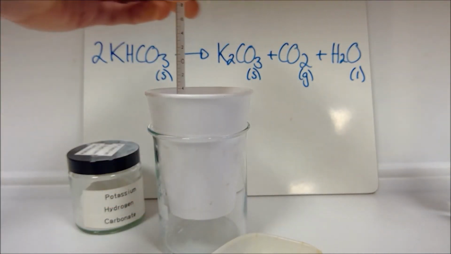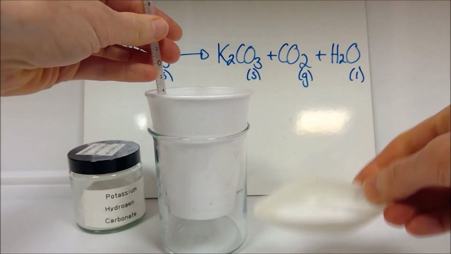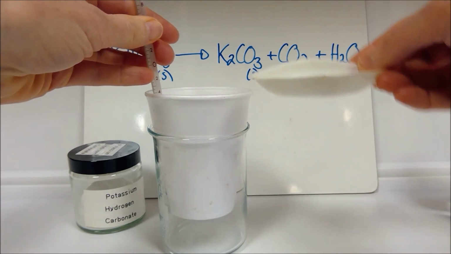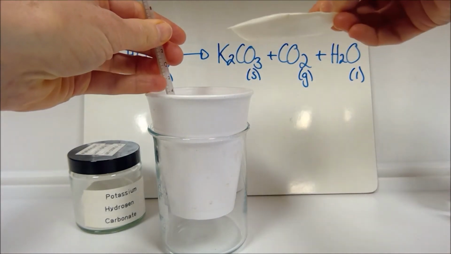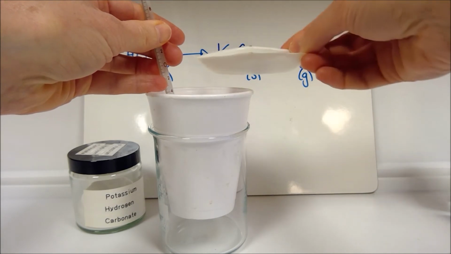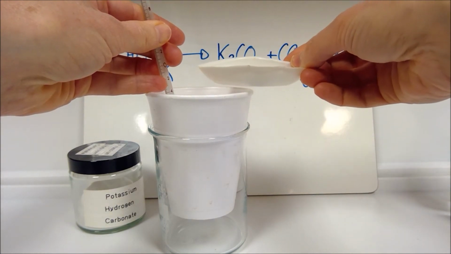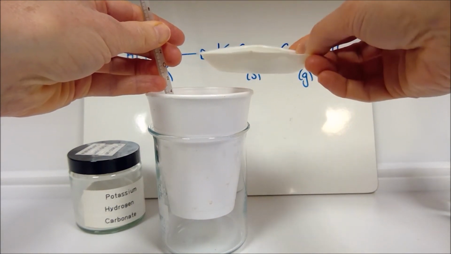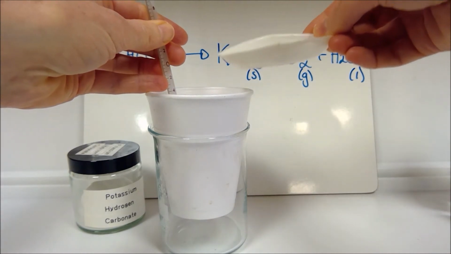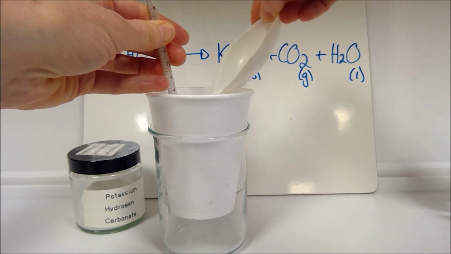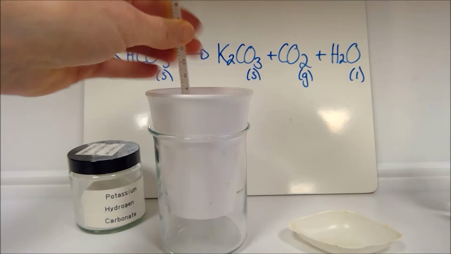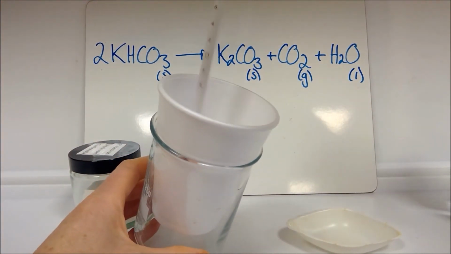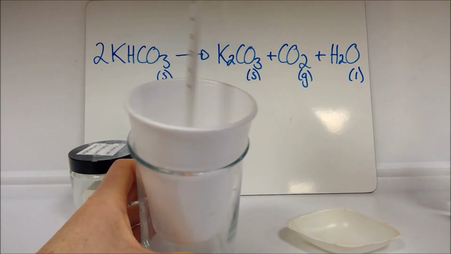So once we've done that, we then need to add the potassium carbonate to the acid. Think about what's going to happen, and we're going to stir carefully with the thermometer and record the maximum or minimum temperature reached. So we want to end up with our biggest temperature difference. So hopefully that fizzing that you can hear is no surprise there.